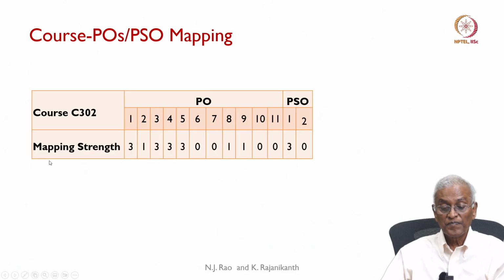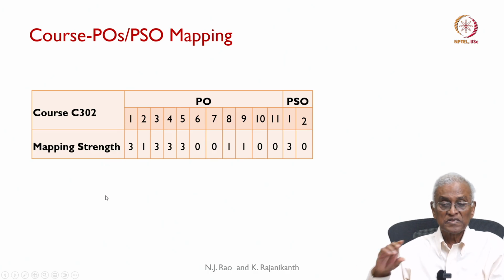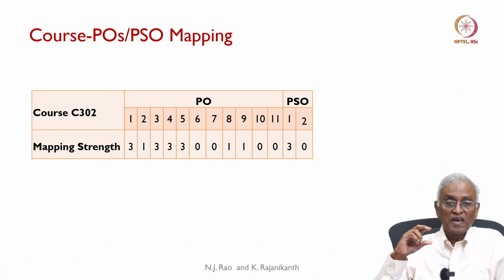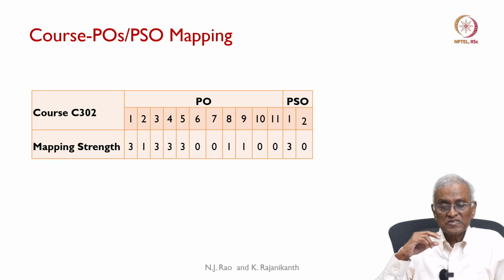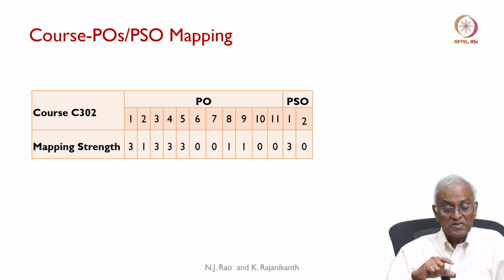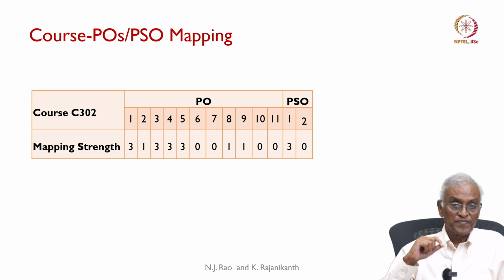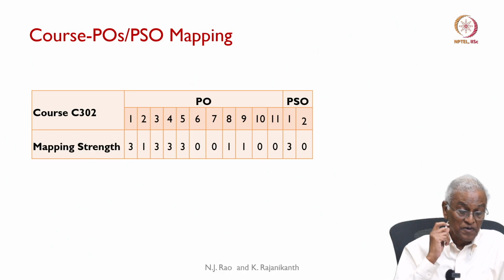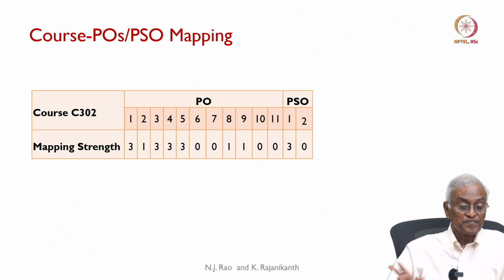Okay. Now, this is what is required to be presented in the SAR, that is the self-assessment report, for a particular course. You have to present your mapping strengths somewhat like this, if you follow this particular procedure.